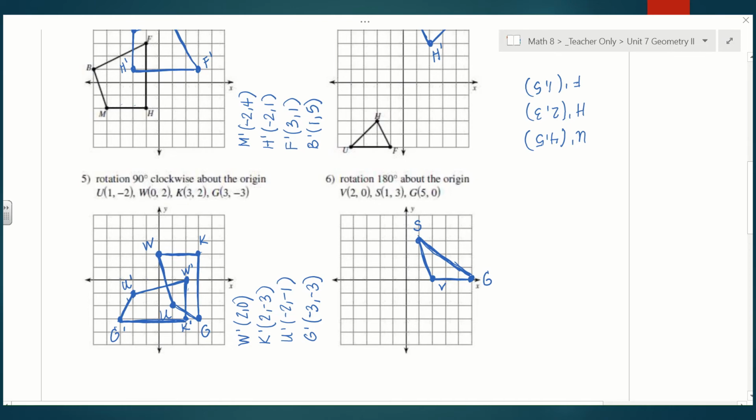Okay, so we need to go 180 degrees. So paper's completely upside down. And we can write down our new coordinates.